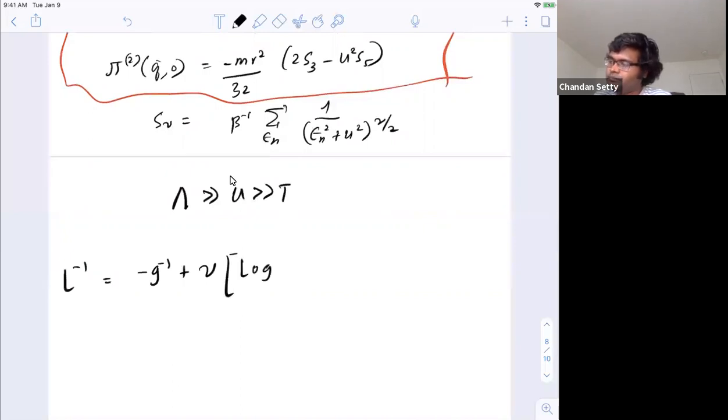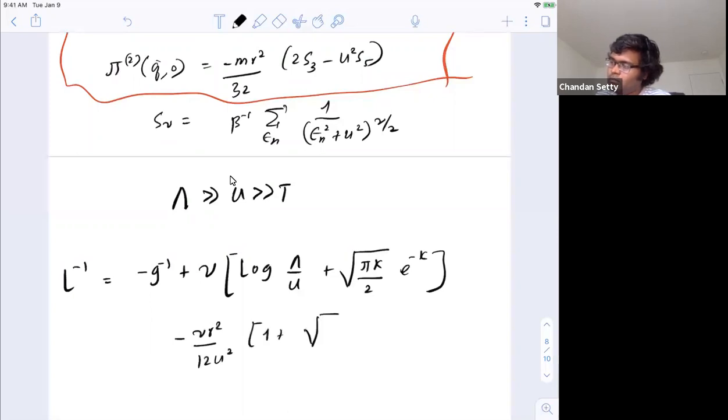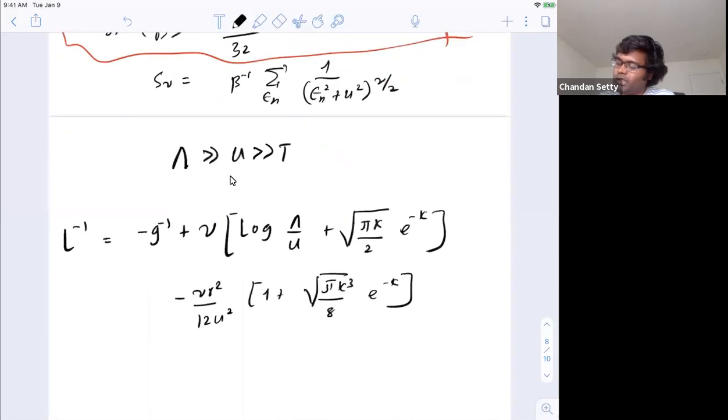We get a log lambda over U, where R is simply a constant that's proportional to Q. So I'm looking for some sort of an instability now.